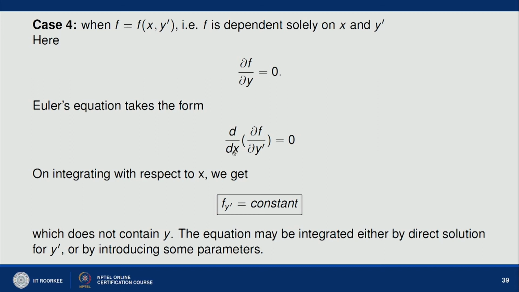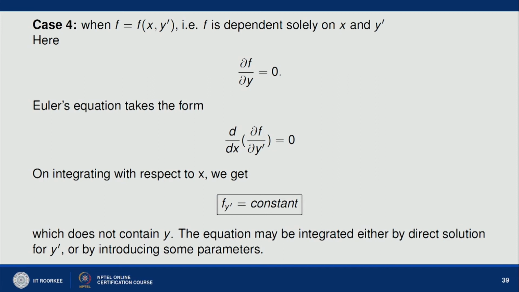We can integrate with respect to x, and we have del f by del y dash equal to constant. Now here we can solve this equation, which does not contain y, either directly for y dash, or you can use some kind of parameter to solve this.